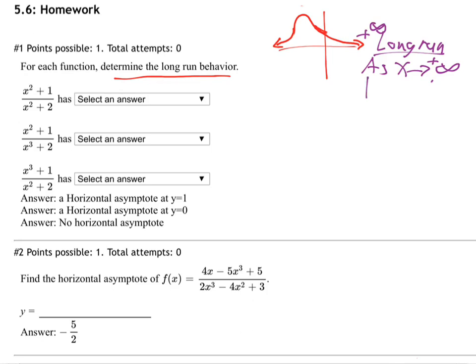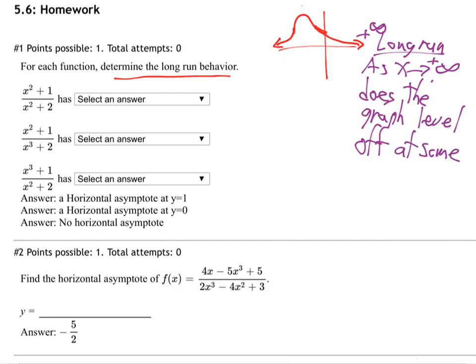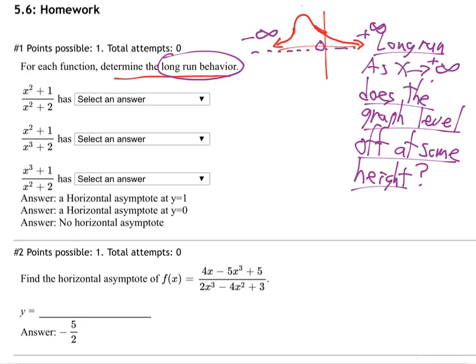Well, as x goes to infinity, does the graph level off at some height? That's what we're really asking when we say, what is the long-run behavior? We mean in the long run, as you go to the right or the left, same thing, does the graph level off at some height? So this graph would be getting closer and closer to a height of 0. It's leveling off at a height of 0.